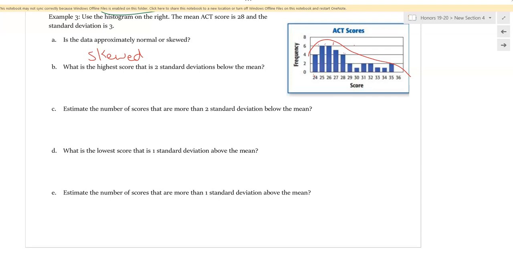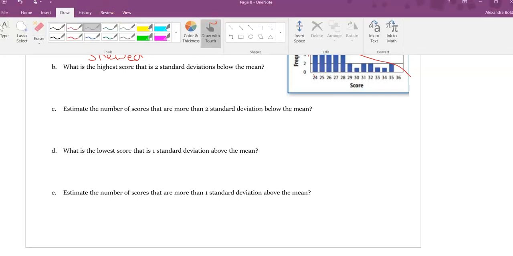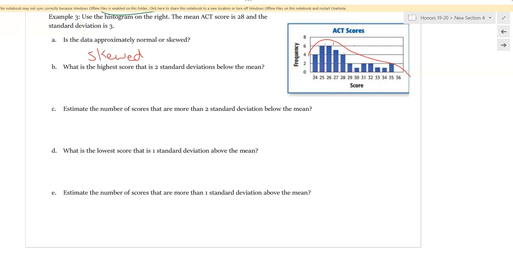They're not as accurate, but that's okay. What is the highest score that is 2 standard deviations below the mean? Again, it's below, so mean minus 2 standard deviations. Our mean is 28 minus 2 times 3. Well, 28 minus 6 is 22.